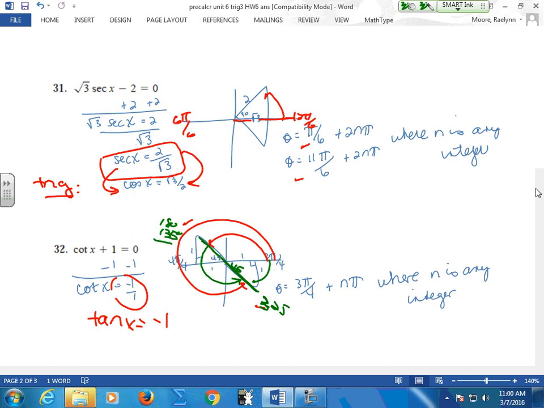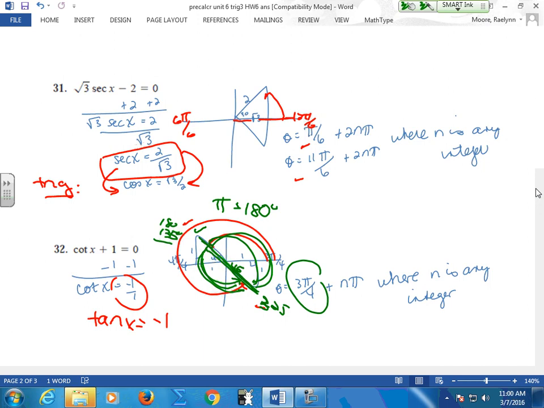So if I add 180 degrees when I'm completely across, I will get all my solutions. 180 degrees is the same as pi. So now I just have to list this one and add n pi. I'll keep going 180 degrees around because it's directly across from each other.